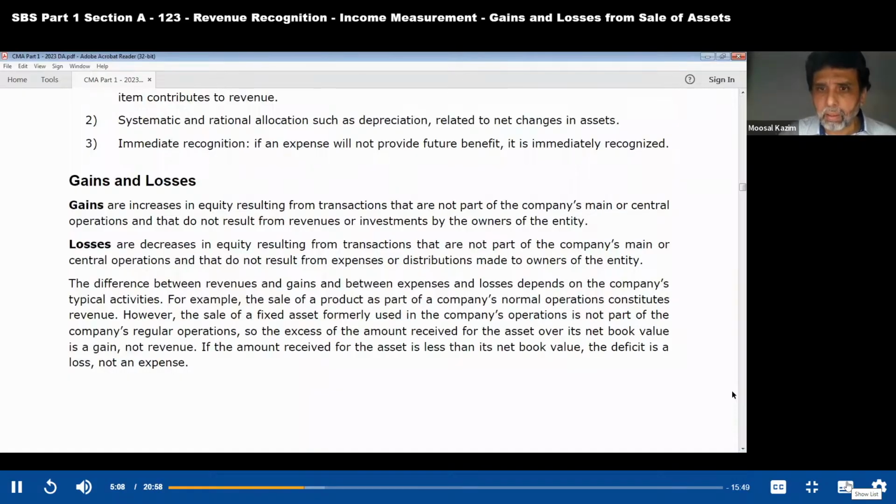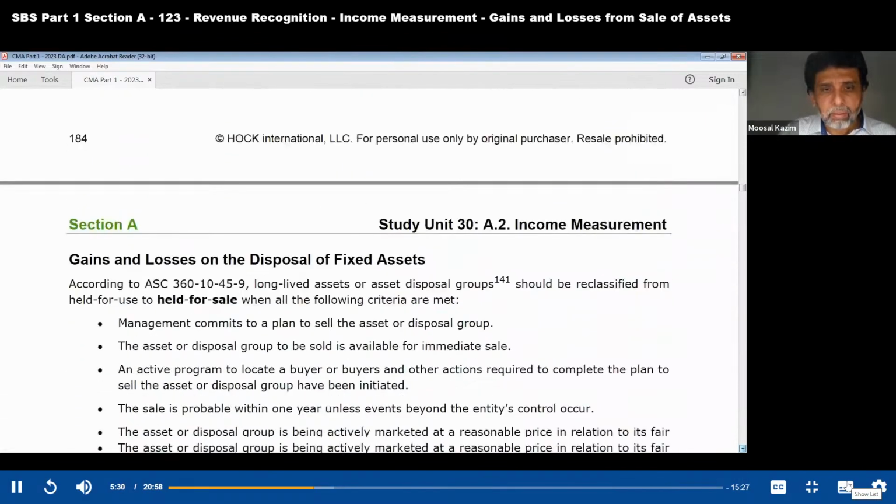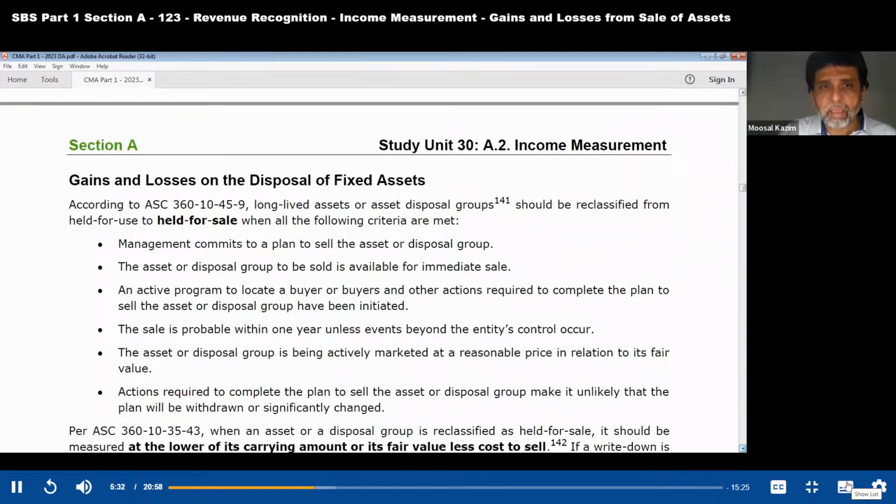Then it would be called a loss because selling fixed assets is not a part of your central business. So that again would be shown below the operating income. So that's about gains and losses. It's not from the core business of the company. That's all. And then there is another concept on gains and losses on the disposal of fixed assets.